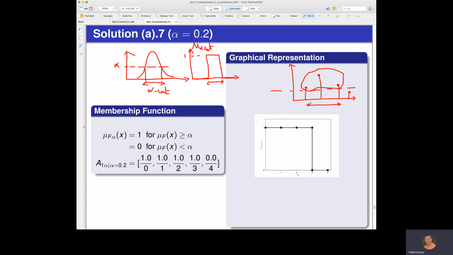Once we have the interval, then we can take the equivalent of the interval. Now it becomes this particular one here. So this is the alpha cut for this discrete representation, and this is the mu of the alpha cut for this particular example, and that mu is going to give us the value of 1.